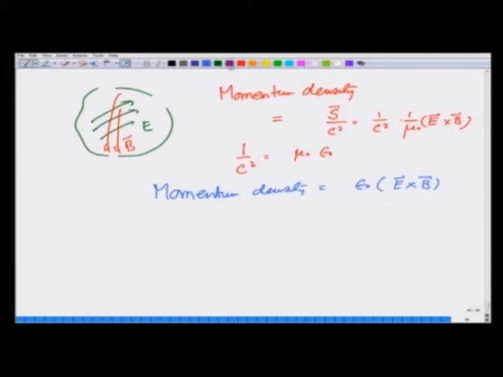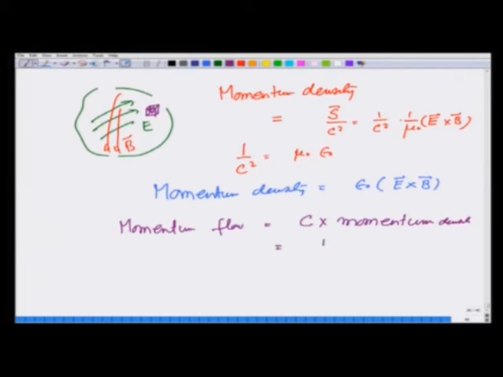So, what it means is, if I take a small volume in this region where the E and B fields exist, the momentum content in this volume is going to be, per unit volume, epsilon naught E cross B. This is momentum density. Obviously, there is going to be momentum flow also, which is nothing but c times the momentum density, as I argued for the energy flow earlier.